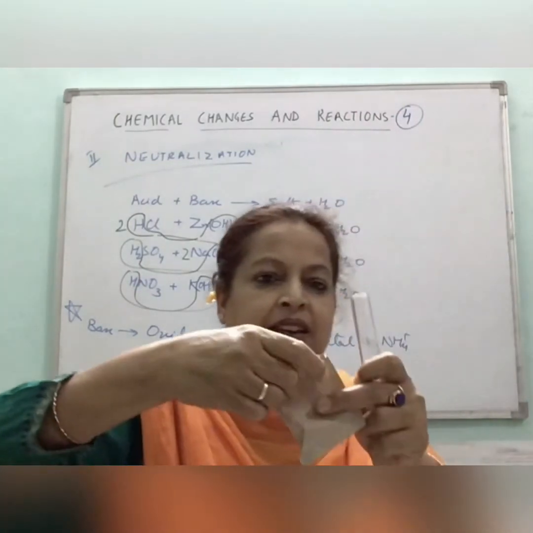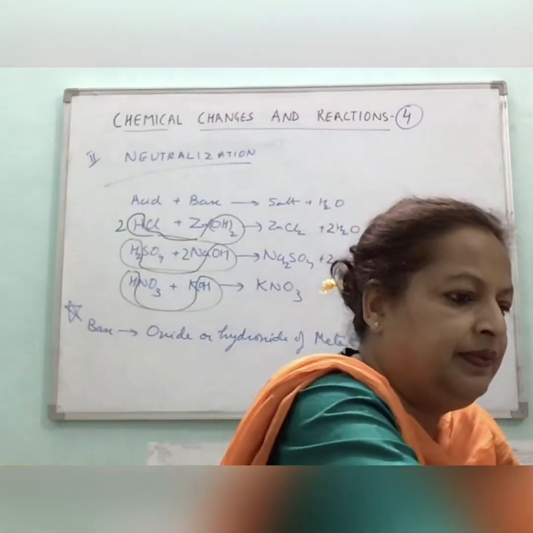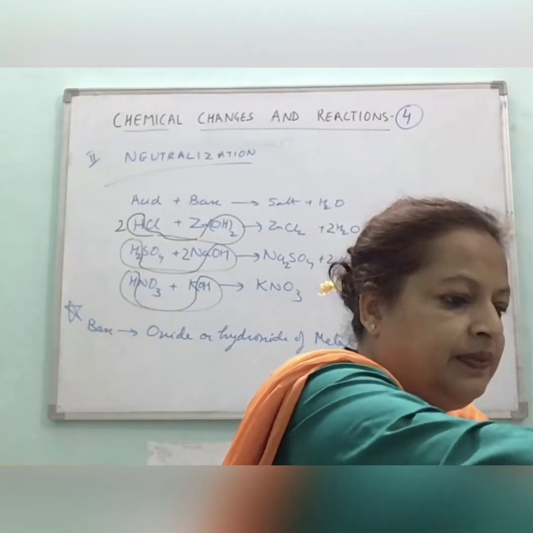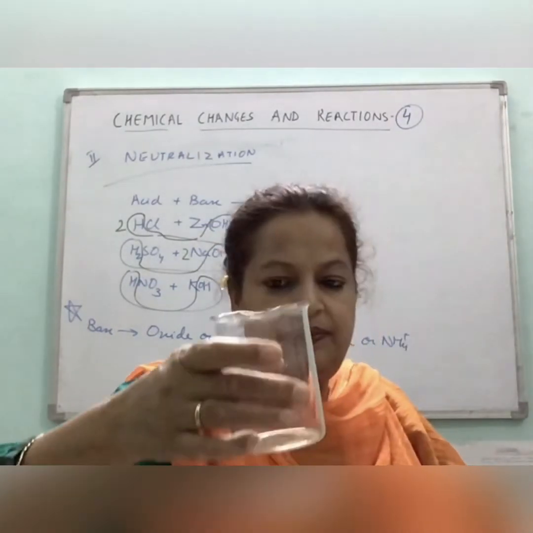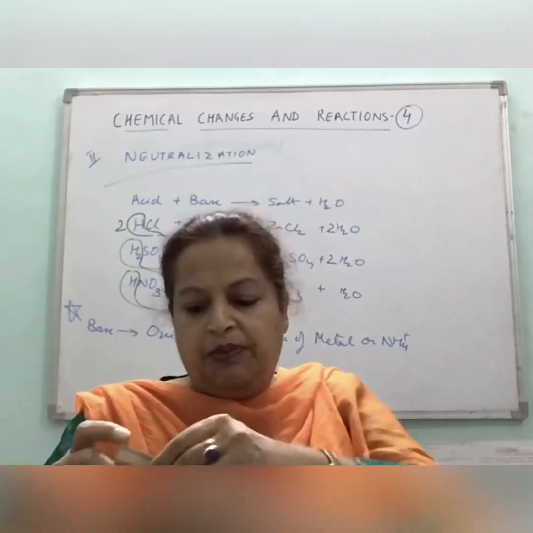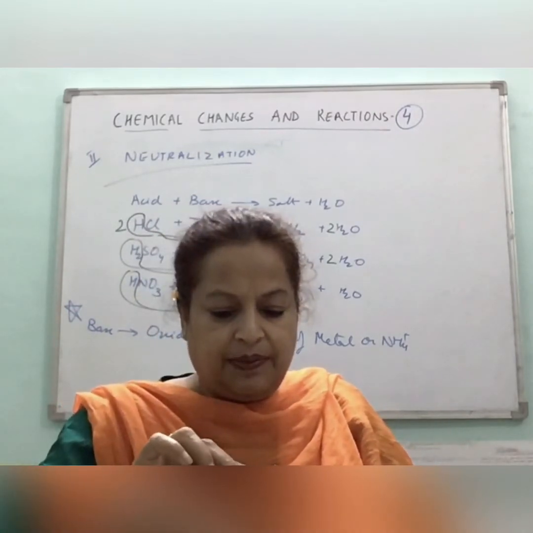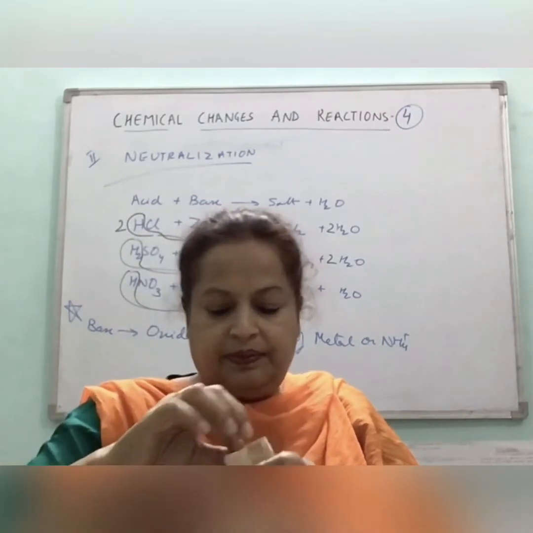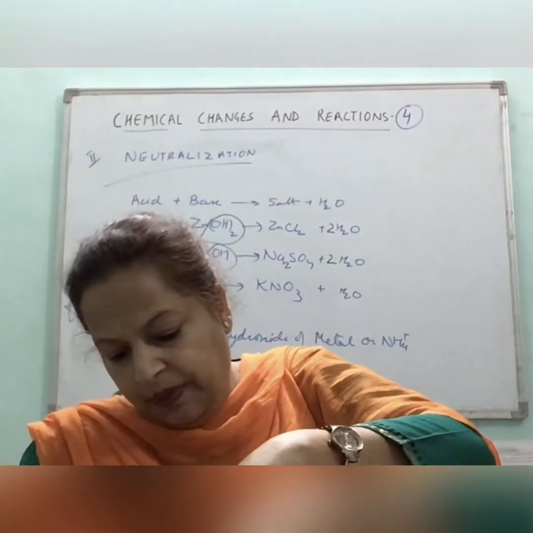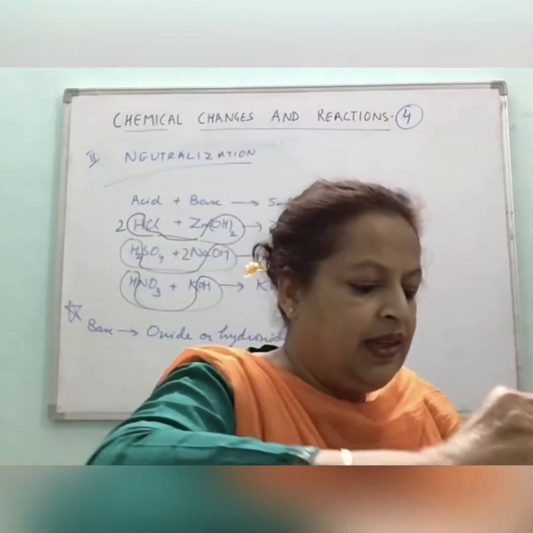So you will be seeing a precipitation reaction. Again, you will be able to see the very bright blue color of copper sulfate. We will be studying copper sulfate in many experiments.